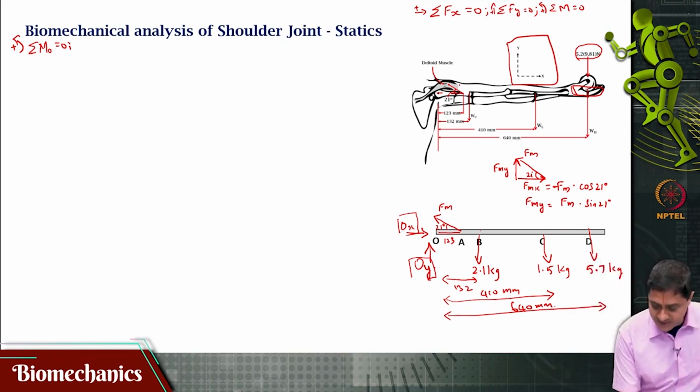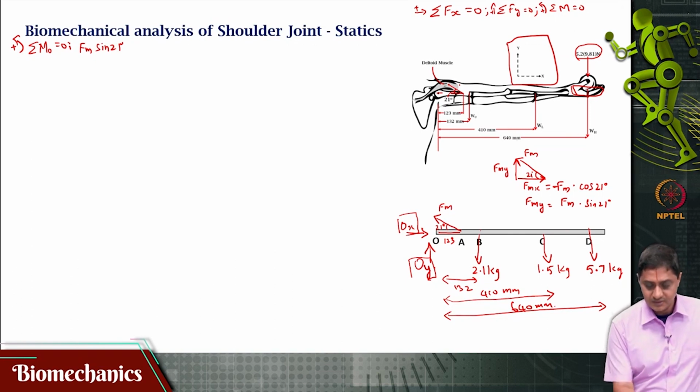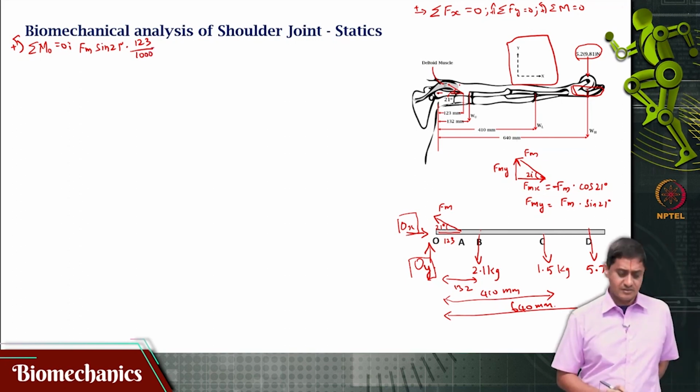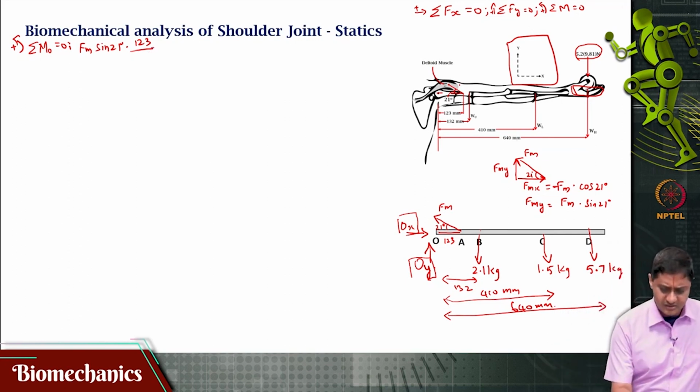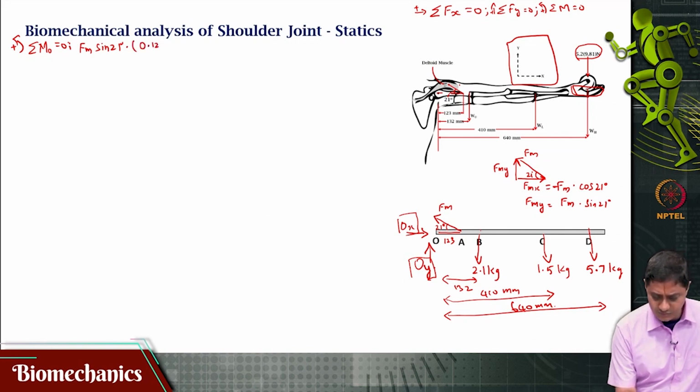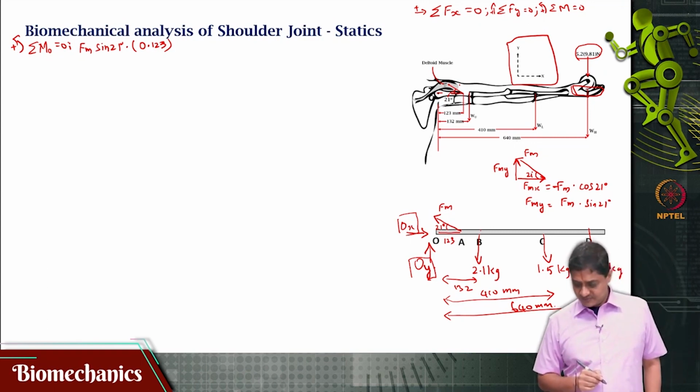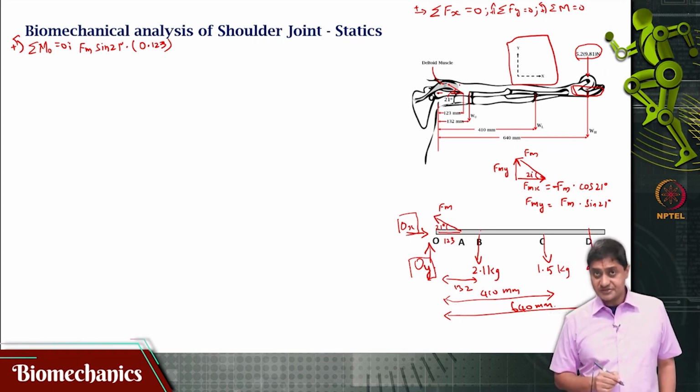So, I will start out by writing Fm sin 21 times 123 by 1000. Why is that? Or rather 0.123. This is 123 mm expressed in its SI units, which is meters.